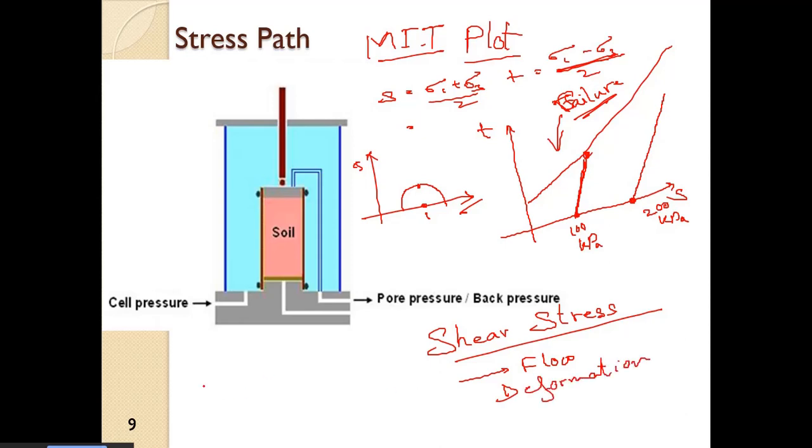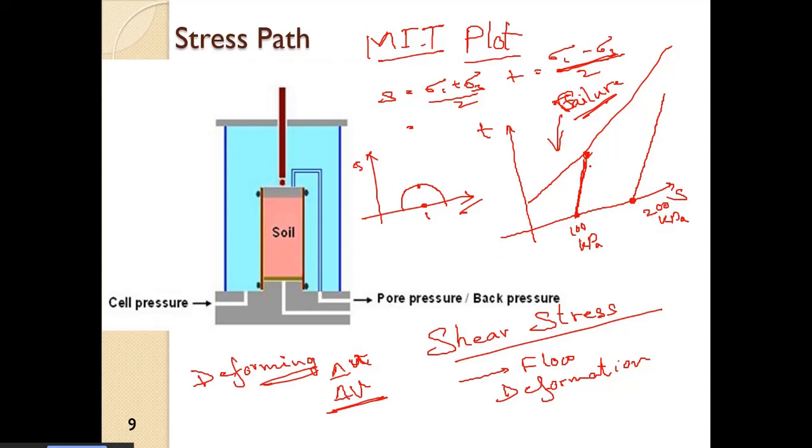So it will keep on deforming. The shearing will continue at that state, and there will be no change of pore water pressure, no change of volume. So that is what we call the critical void ratio state, or the critical state of the soil.